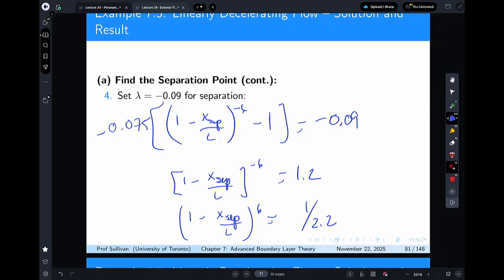I'm skipping a few steps in here, but basically just getting to the point where I have a relationship between x separation and all of the constants I have in this expression. If I do that, I divide out the 0.075, add the 1 to the right-hand side, I end up with 1 over 2.2. That was supposed to be 2.2.